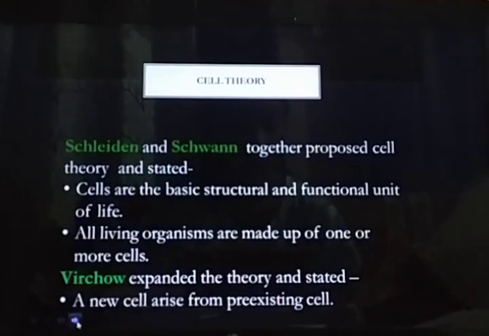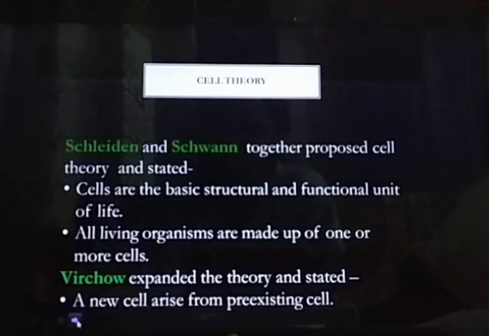Now the scientists knew about the cell, but they didn't know what a cell actually is. They didn't know anything else about the cell. So scientists got curious about it. Many scientists started researching the cell.